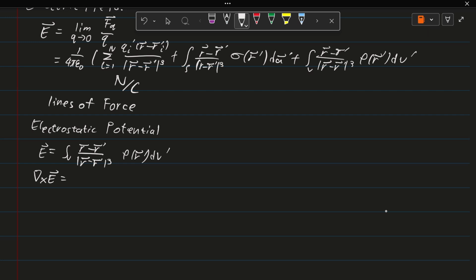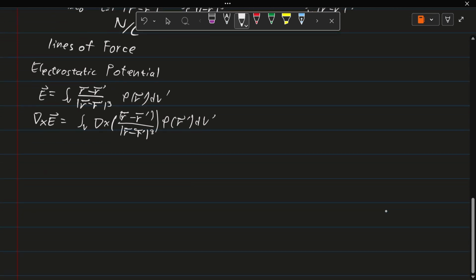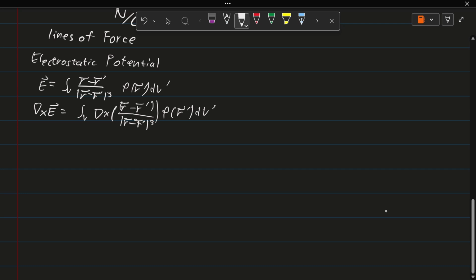So what we know is that it will only influence the fraction part at the front, which is this part: r vector minus r vector prime cubed, of the rho of r vector prime dv prime. So it's only influencing this front part. Now you could try to evaluate the front part here, and let's try to solve this.